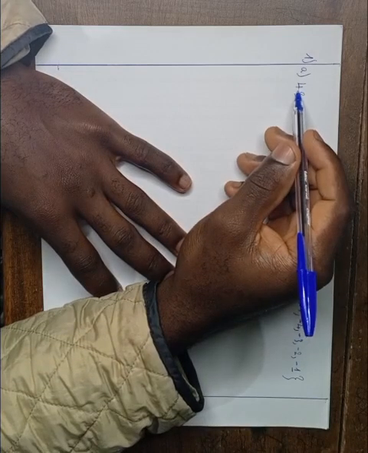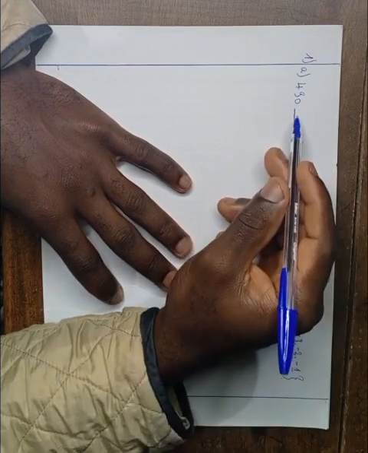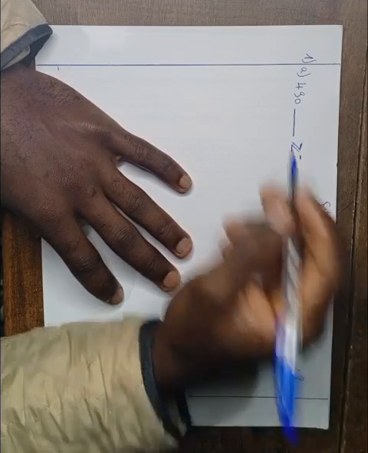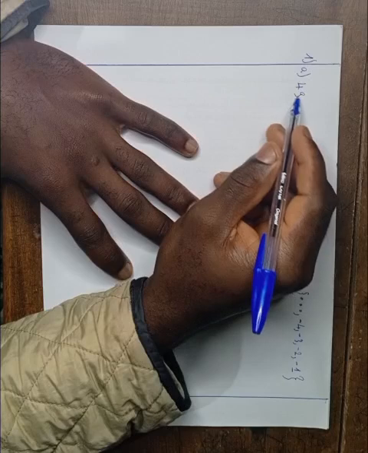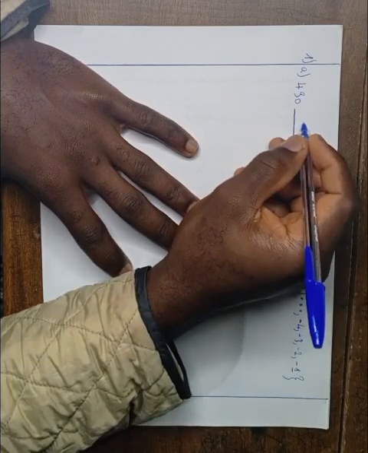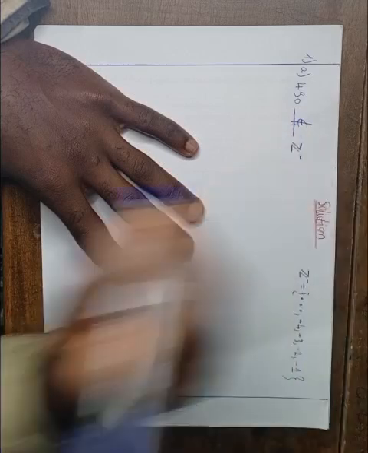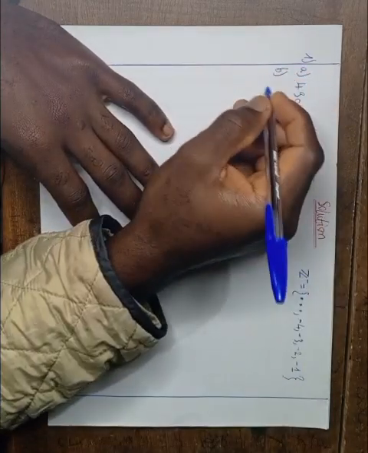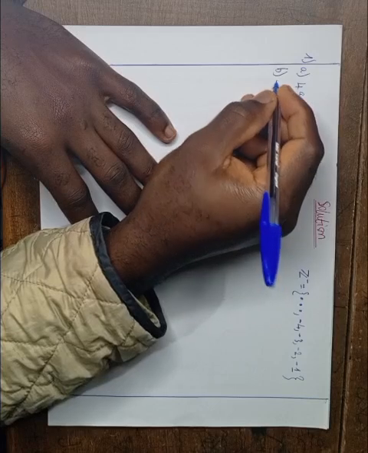The number 490 is a positive whole number. Therefore, 490 does not belong to the set of negative integers. We are going to make use of this symbol. It does not belong.